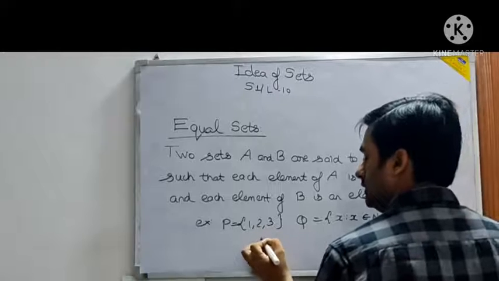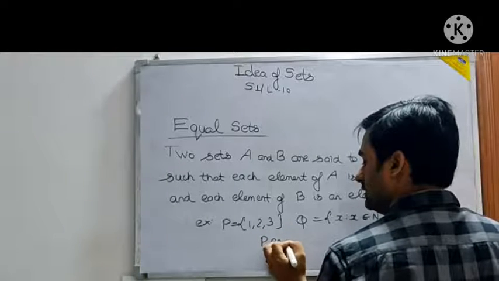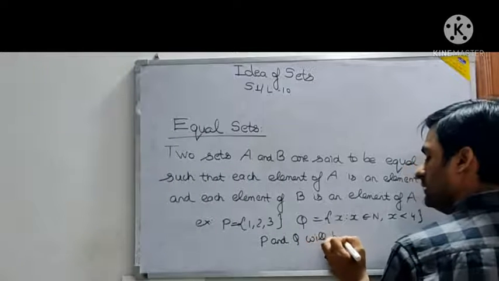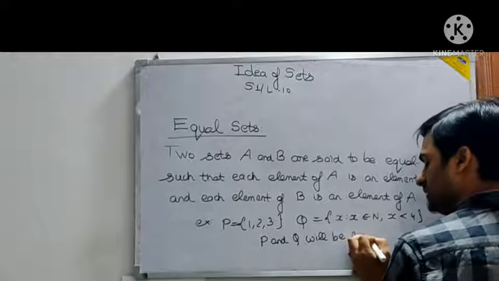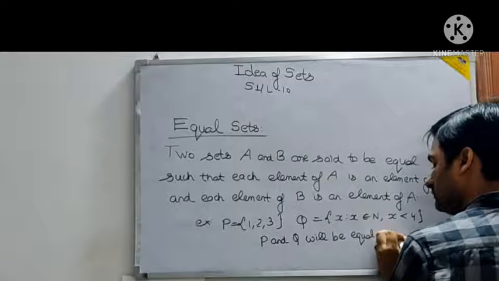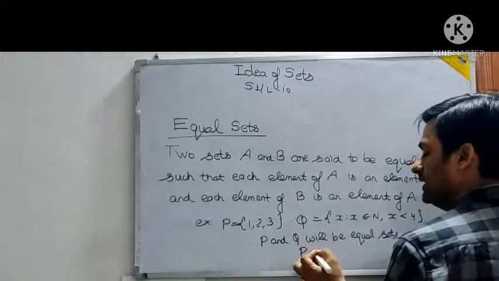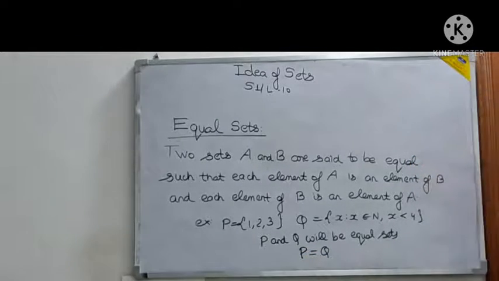So P and Q will be equal sets. Equal sets. And how do we write this? We'll write P is equal to Q.